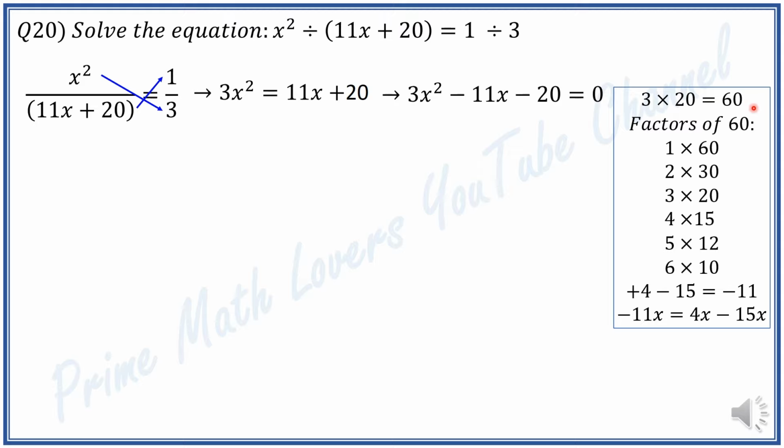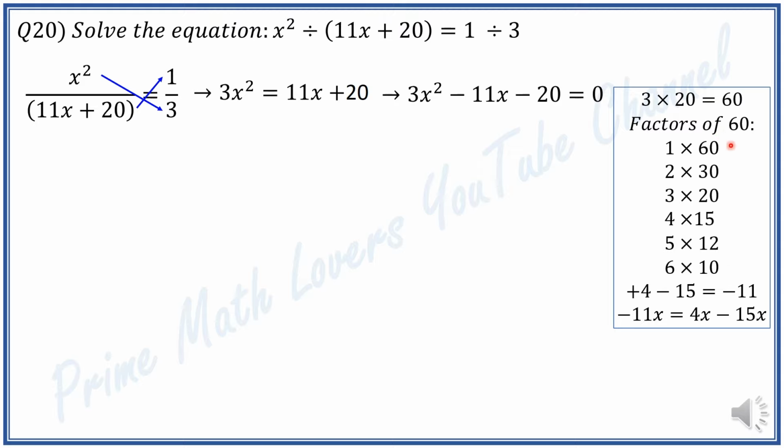Then we write down all the factors of 60, which are 1 times 60, 2 times 30, 3 times 20, 4 times 15, 5 times 12, or 6 times 10.